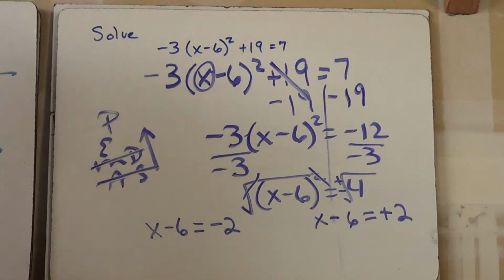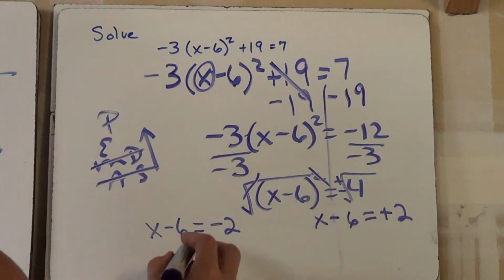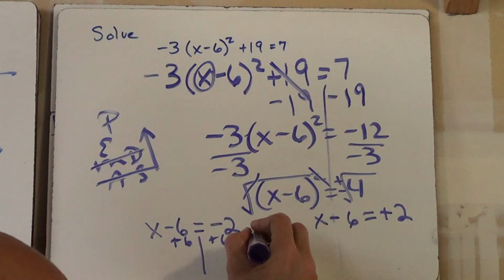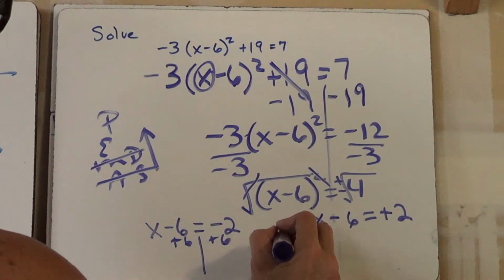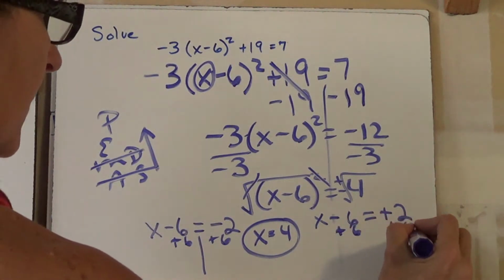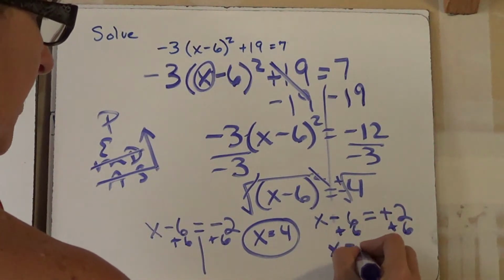Looks very similar to your absolute value if you remember right. So now we add 6 to each side. We see that x equals 4. Add 6 to each side, and we see that x equals 8.